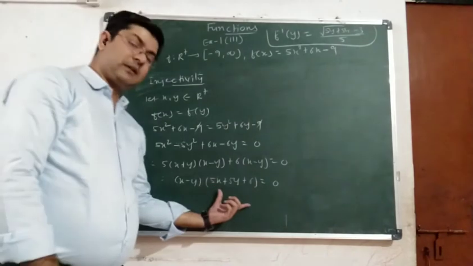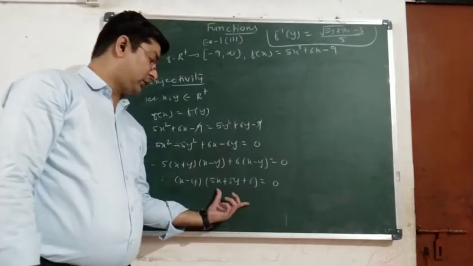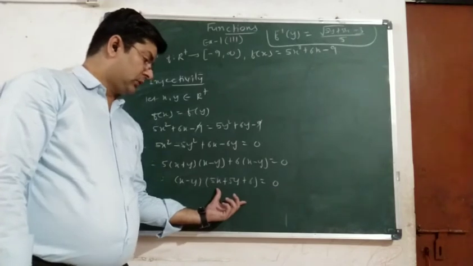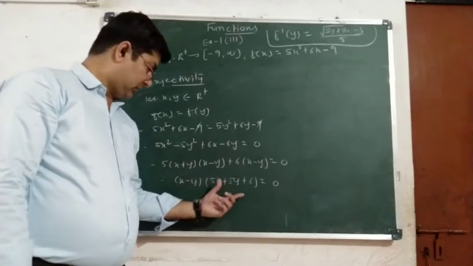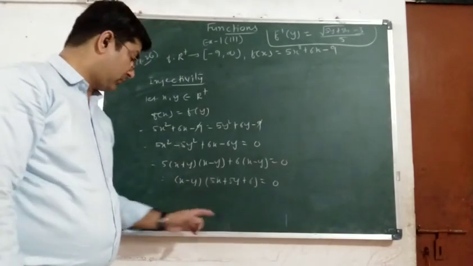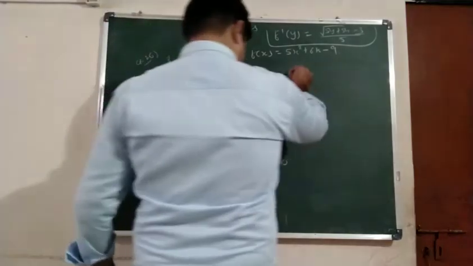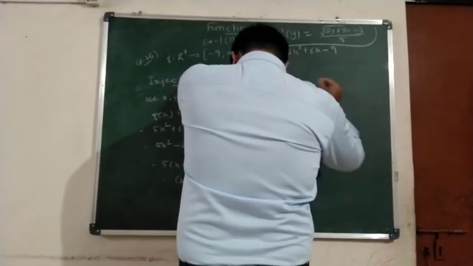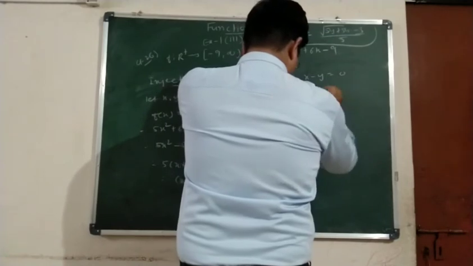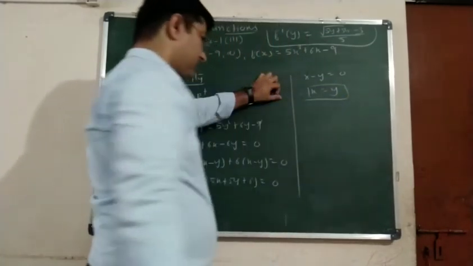Now this bracket is never 0 for any value of x and y, and therefore putting this in the denominator, 0 upon bracket will be equal to 0, and therefore x minus y is equal to 0, and finally we get x is equal to y.